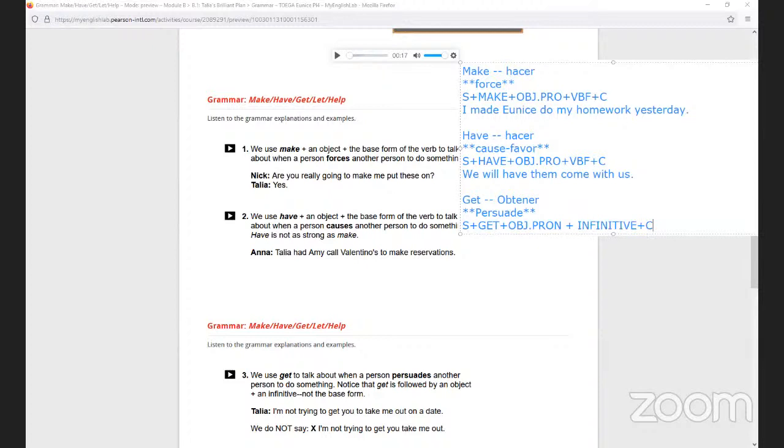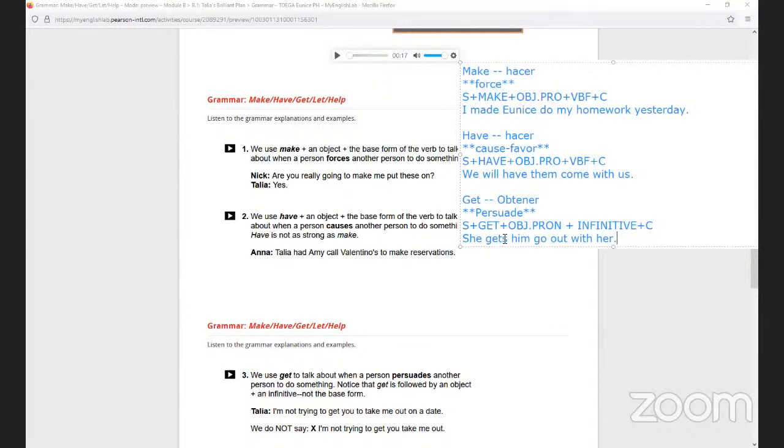Then the complement. I can say, for example, in the present, she gets him to go out with her. So she gets him, ella consigue que él salga con ella.